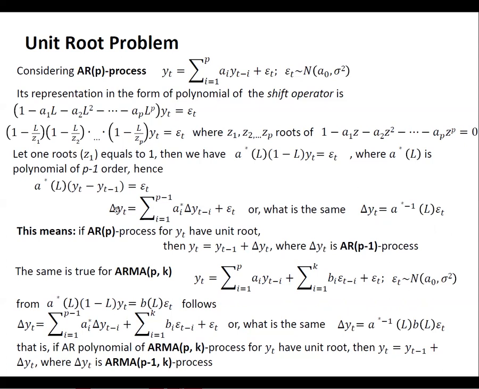If we multiply 1 minus L by y, then we get a polynomial of degree p minus 1 multiplied by y_t equals epsilon.